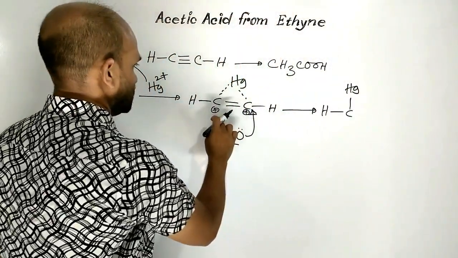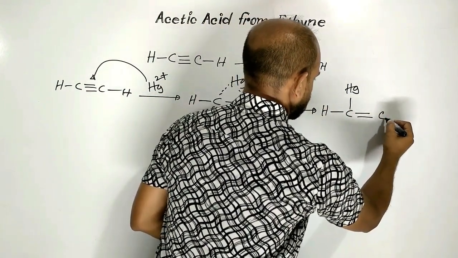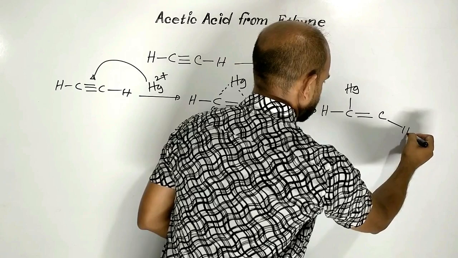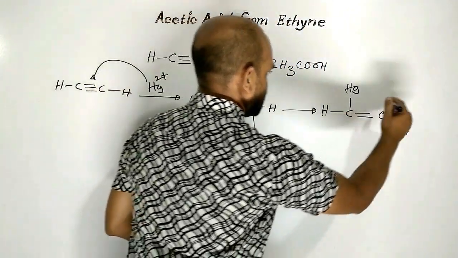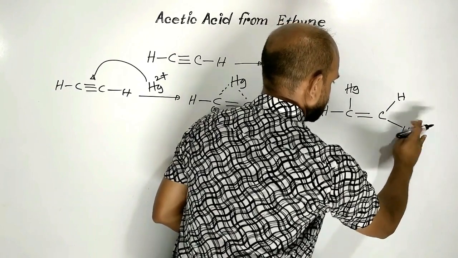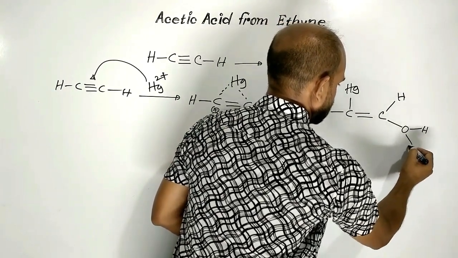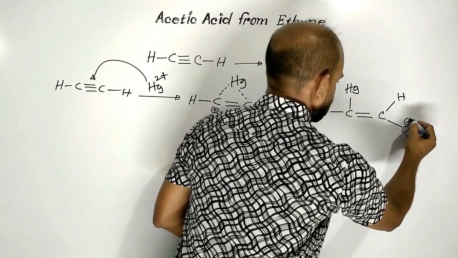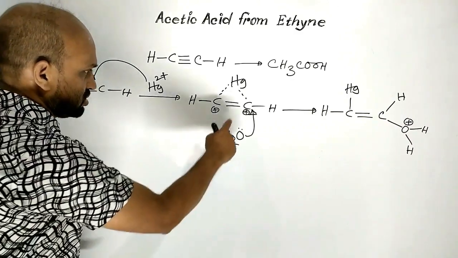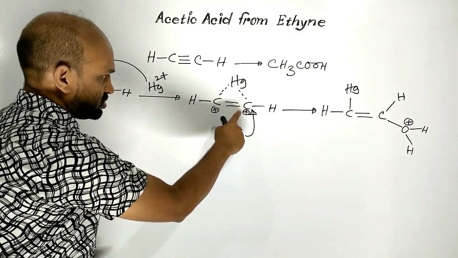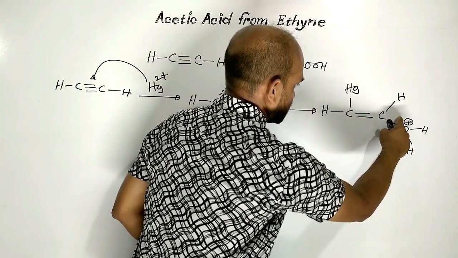Then here double bond, carbon, hydrogen, here hydrogen, here water. Oxygen forms bond with this carbon. That is why over oxygen positive charge develops.